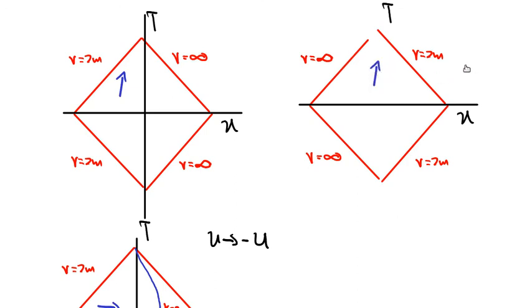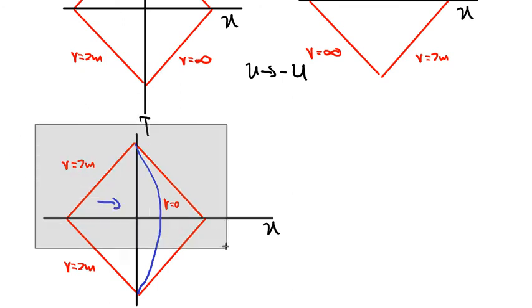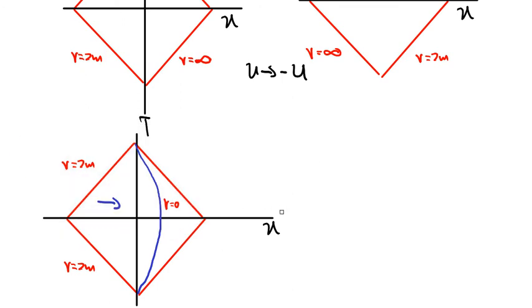So this is just after doing this transformation. And in this other diagram, if we do the same transformation, again we have a reflection with respect to this axis. So let me move this.